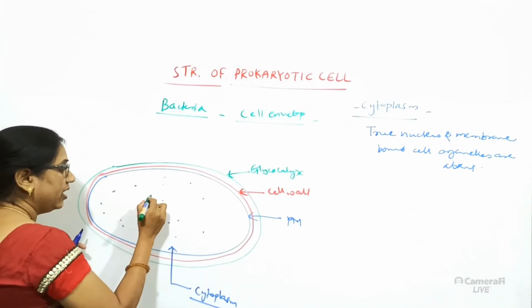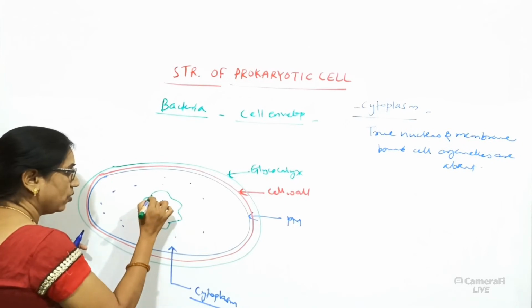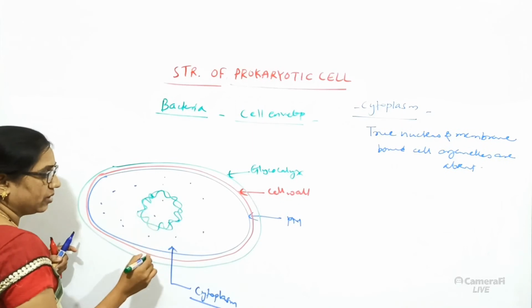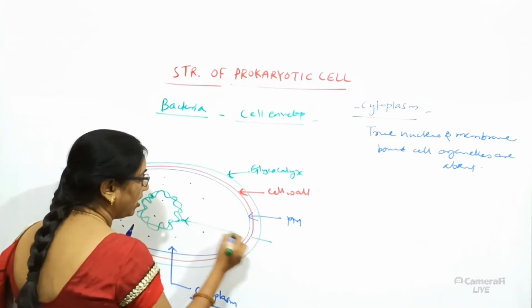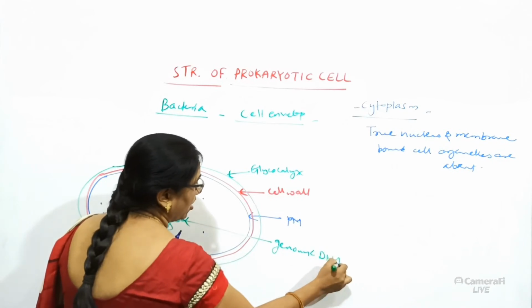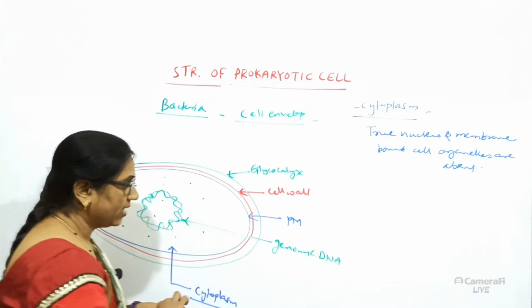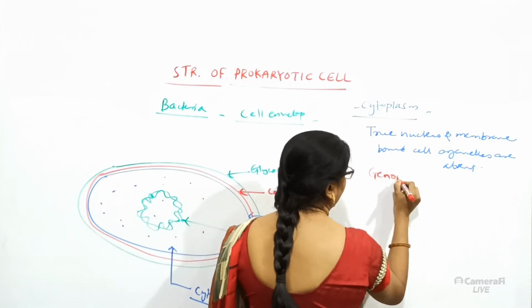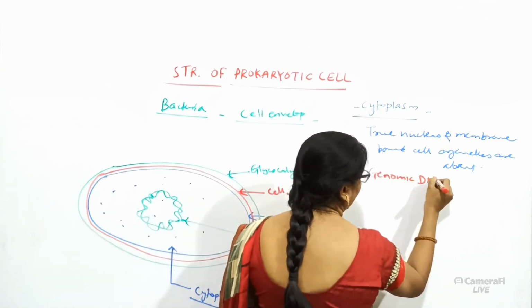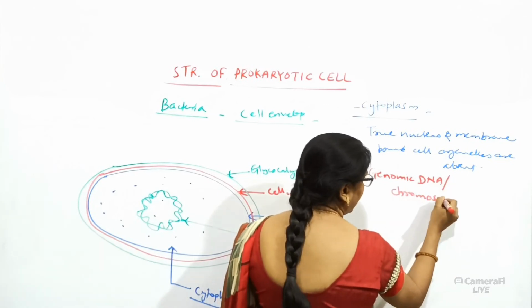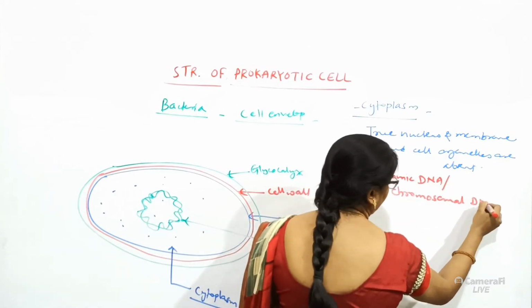Inside this, it shows the presence of a circular DNA, double-stranded circular DNA. And what is double-stranded circular DNA called? It is called genomic DNA, or it is also called chromosomal DNA.